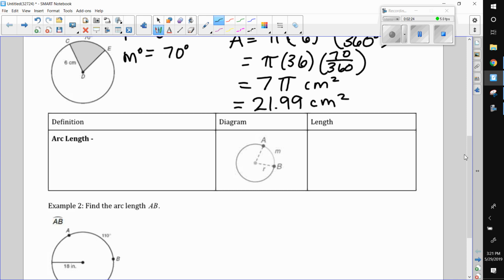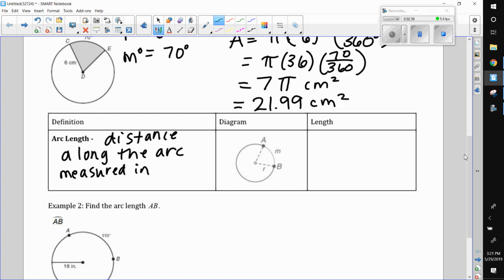The second part of this is your arc length. So your arc length is the distance along the arc measured in the same units as the radius or whatever is given to you.